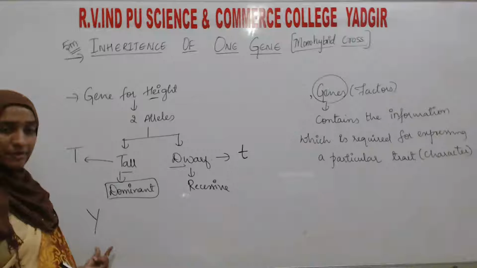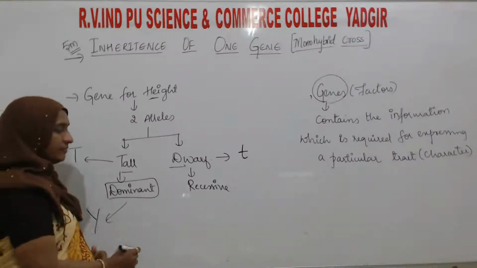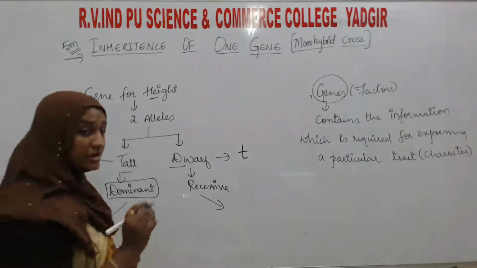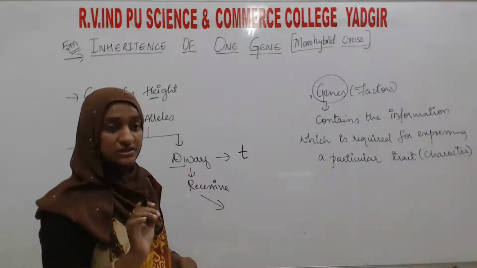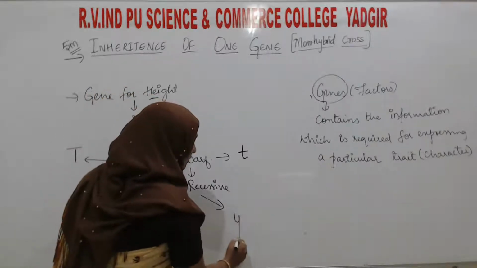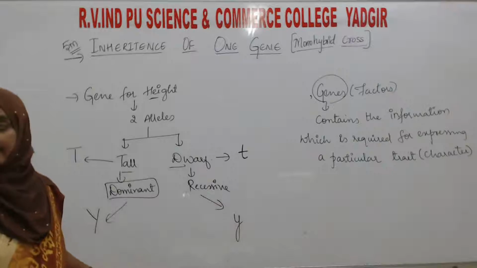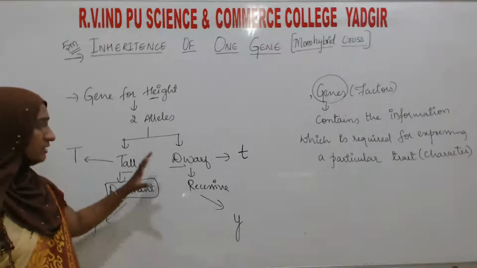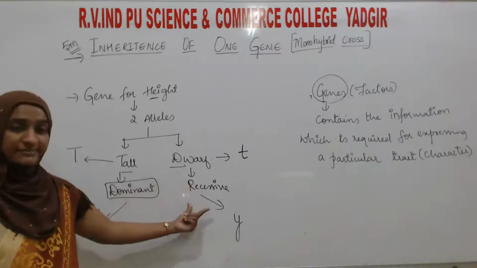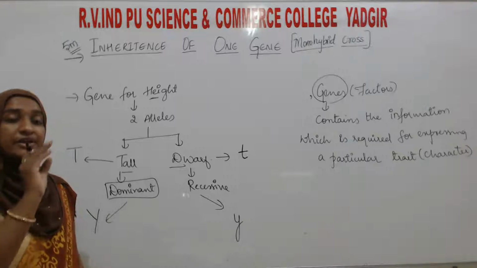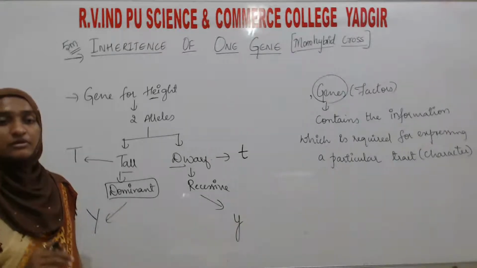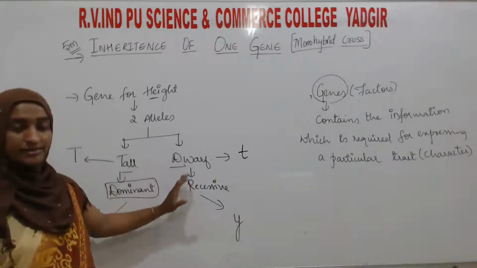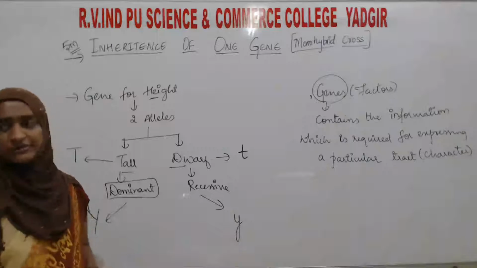Yellow is capital Y because it is dominant. Opposite to yellow there is green, which is not represented by G, but by small y. This is about the color of the seed.